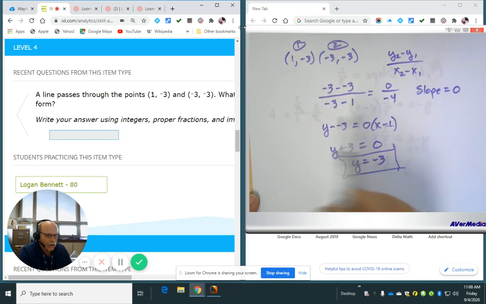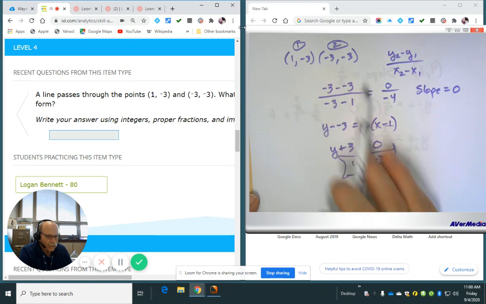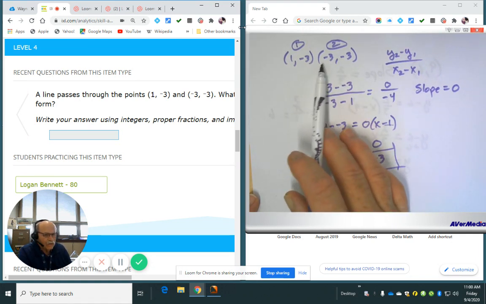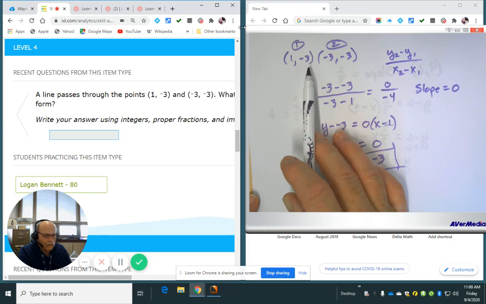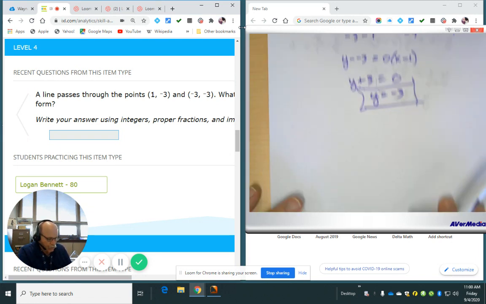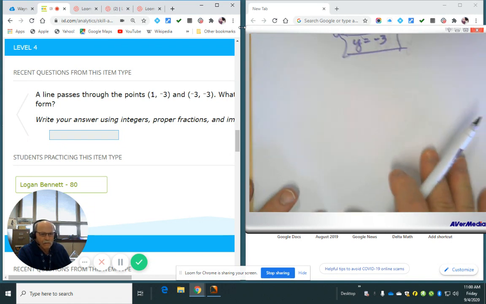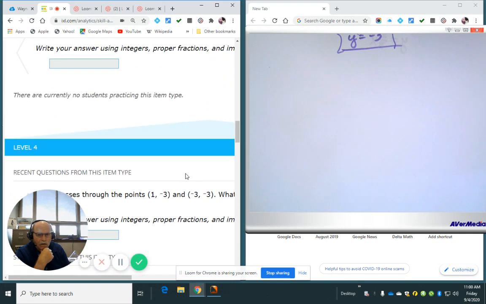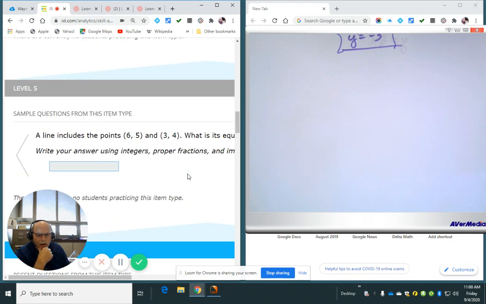That's how I knew right away what this was going to be, because when there's no change in y, you just take the point that you're given and make y equal to that, and that's your equation. I'm going to stop here, and then I'll start up again in another video, and we'll be on level 5 at that point.